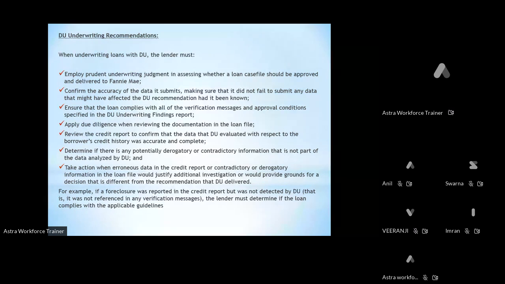That's an inaccuracy of the data, right? So we have to ensure that we have documentation in the file that supports the DU recommendation. If the bankruptcy is not closed and the documents in the file are not sufficient to support that recommendation, then the AUS recommendation is going in the wrong direction. So we have to cross-verify everything.